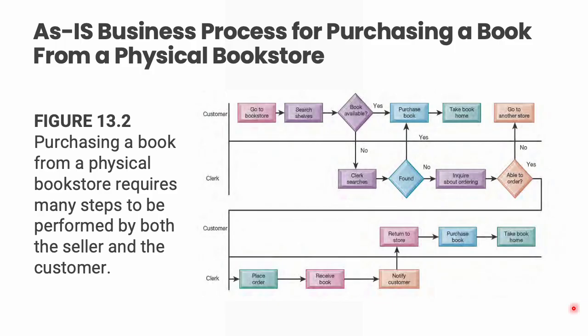For example, first you have to travel to the store, find the book, and search the shelves. Then the question: is the book available?